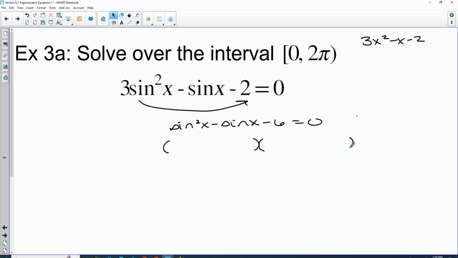Factor it. Sine squared breaks into sine. Multiply to negative 6 and add to negative 1 would be a negative 3 and a positive 2.